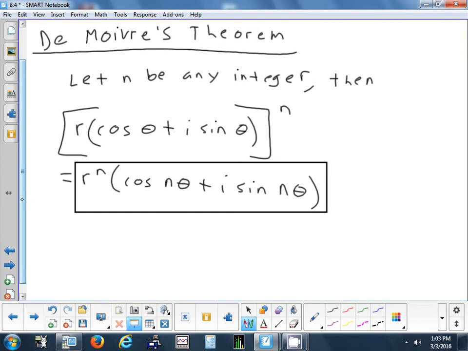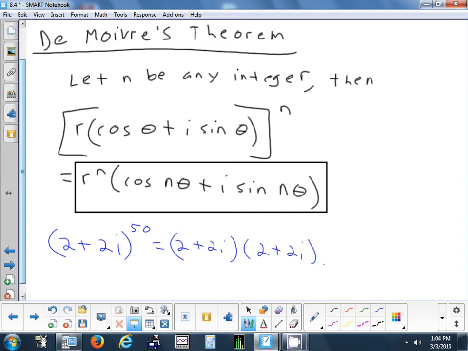Right? So the advantage is if I asked you to do something like this. Actually, let's use that. 2 plus 2i. And I wanted to raise this to the 50th power. Well, if I was going to do that out without this theorem, I would have to write 2 plus 2i times 2 plus 2i.